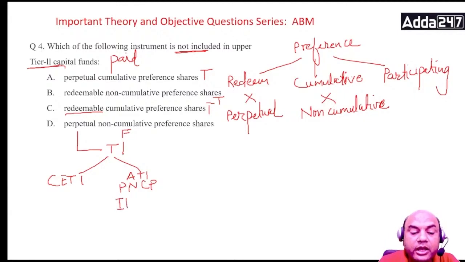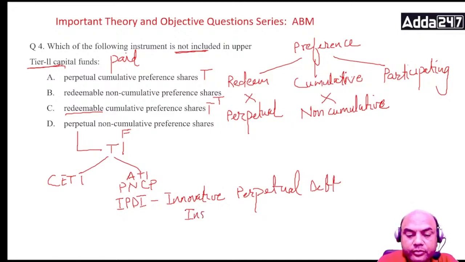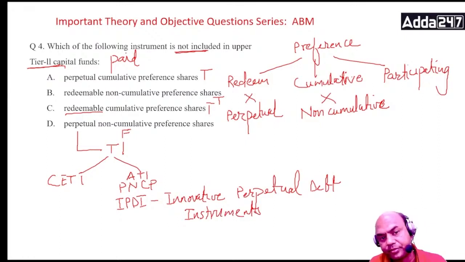What is IPDI? Innovative perpetual debt instruments. Do you want me to write it? Innovative perpetual debt instruments. So that is IPDI. So these are the part of tier 1 capital. Got it? Move on.